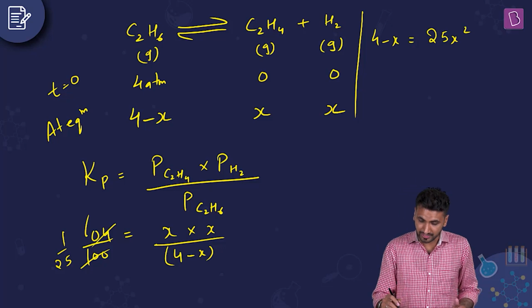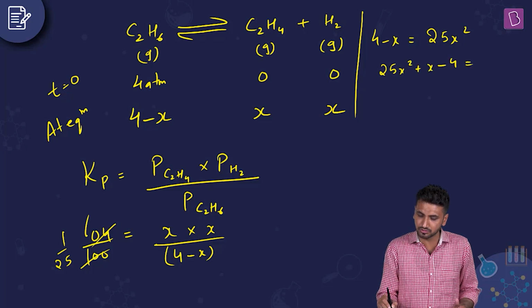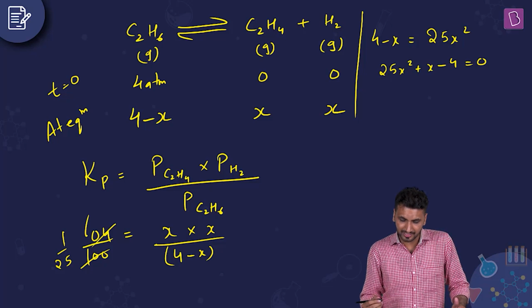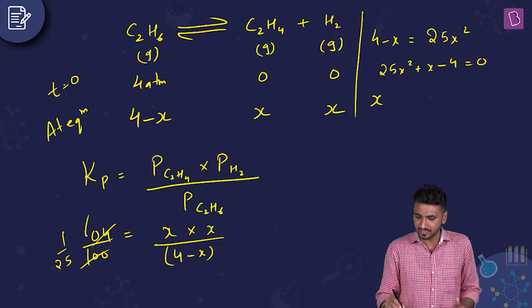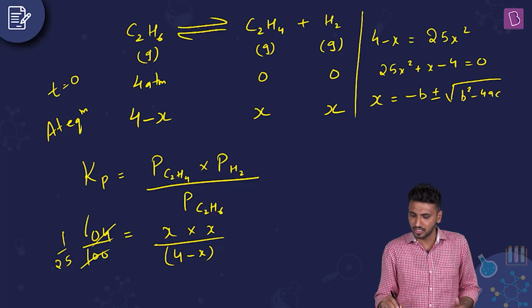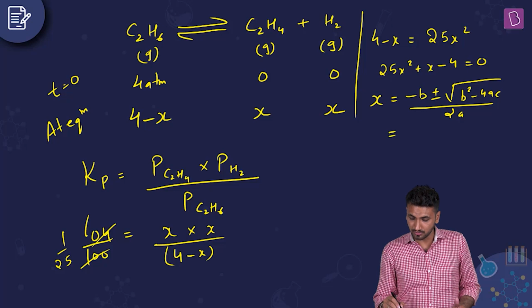Let's solve this further. This is going to be a quadratic equation: 25x square plus x minus 4 is equal to 0. Do we have some roots? I don't feel like it, so let's use the formula. x is equal to minus b plus minus under root b square minus 4ac upon 2a. I am sure you have studied this formula in your previous standards.